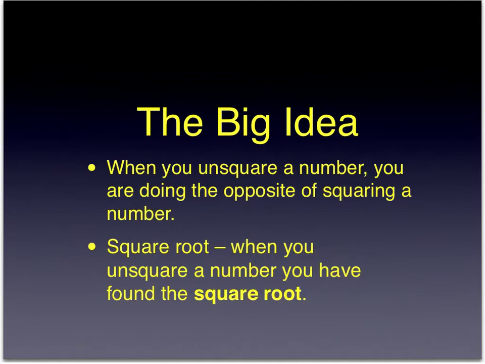Another way of saying this is the square root. When you unsquare a number, you have found the square root. Key vocabulary. Square root. Okay, so squaring and square root are opposite of each other. So if you need to pause, go ahead and pause so you can get down the notes.